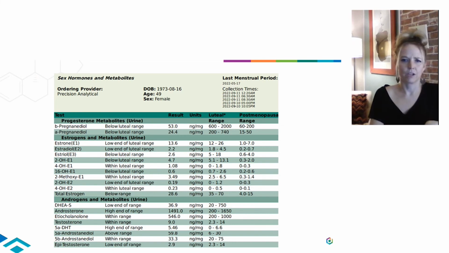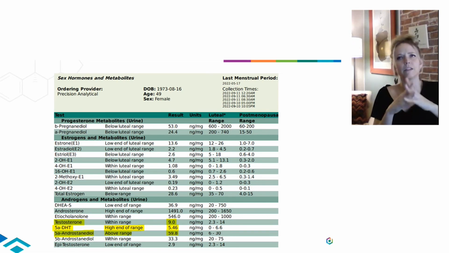It does make sense to look at her androgens really closely. And I just highlighted them here so you could find them in this laundry list. But in the androgen section, underneath testosterone, you'll find 2 metabolites. Dihydrotestosterone is high normal at 5.46. And for somebody who's 49, that's a pretty goodly DHT.